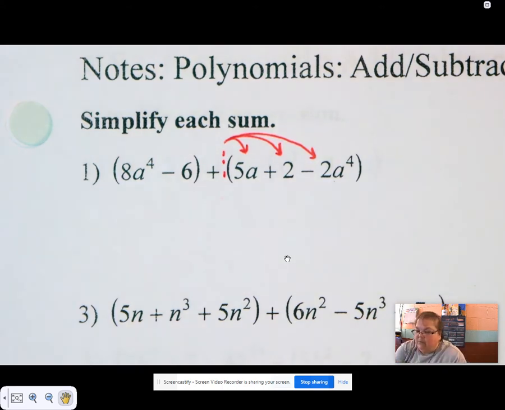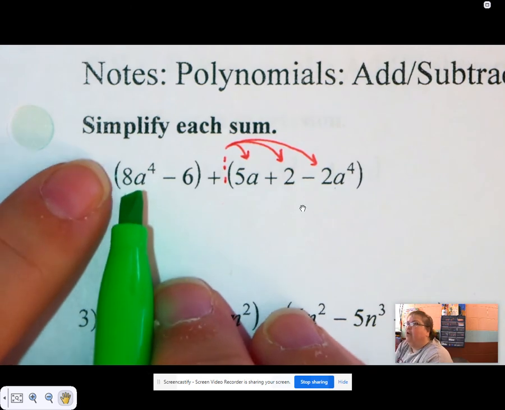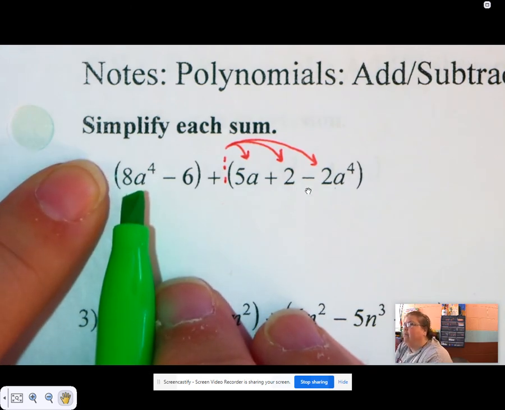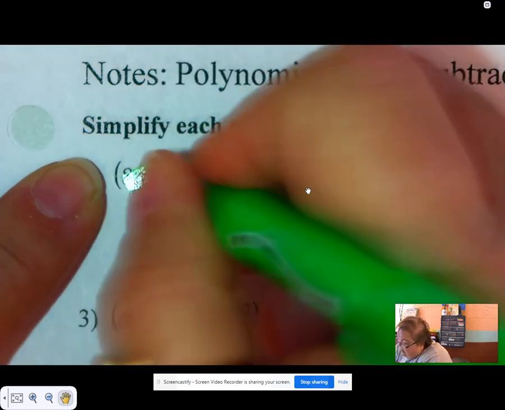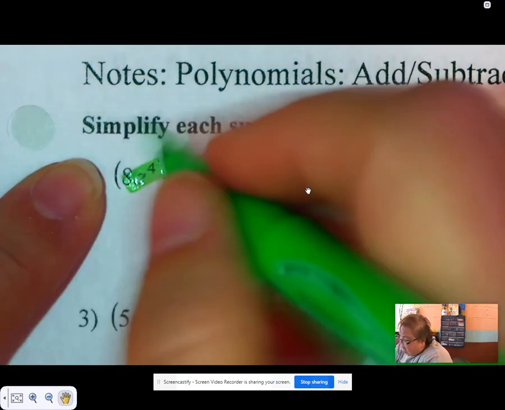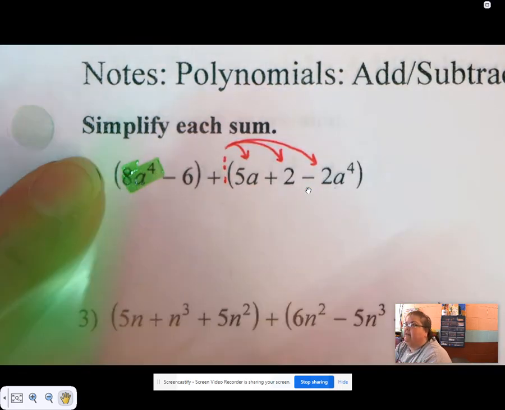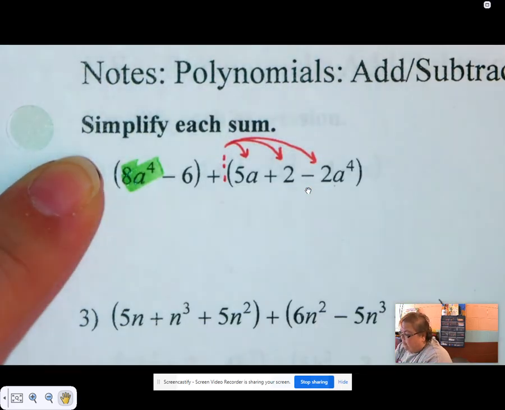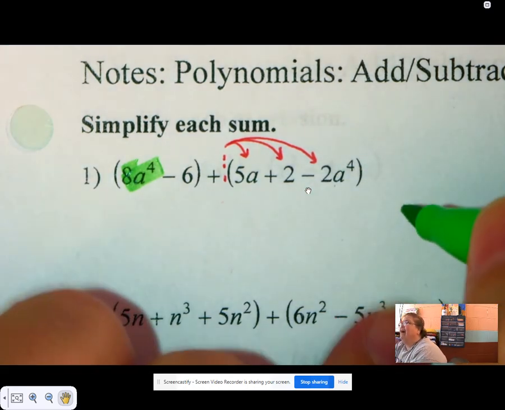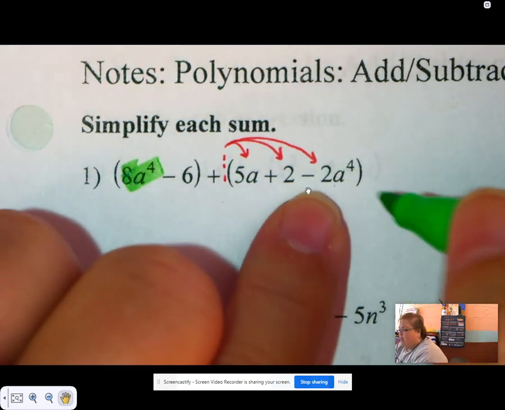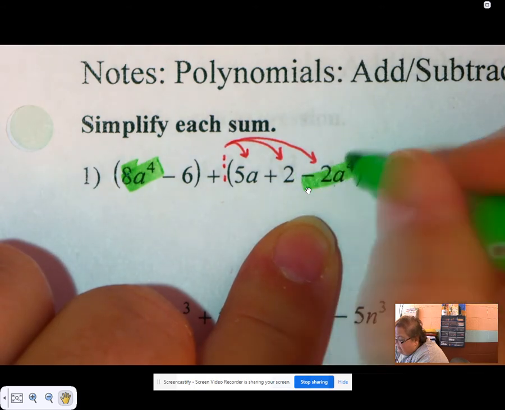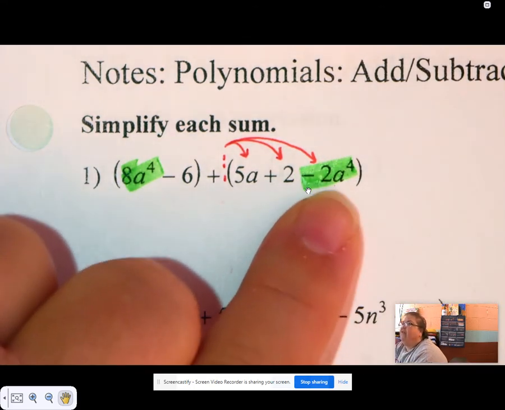Okay, so here's what I'm looking for. And remember, like terms, again, same variable and exponent. So I have an a to the 4th right here. Do I have another a to the 4th to combine with it? I do. So a to the 4th, 8a to the 4th, and I want to remind you to keep that sign or that operation with your other term.